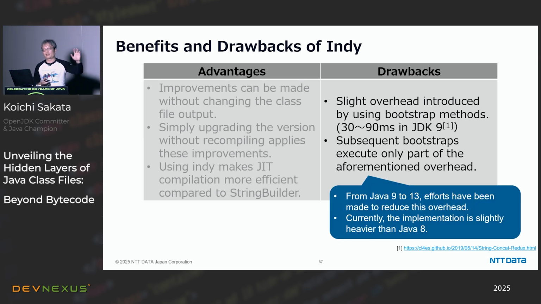However, one drawback is the slight overhead introduced by using the bootstrap method. From Java 9 to 13, efforts have been made to reduce this overhead. Currently, while it's slightly heavier than Java 8, the overall throughput for string concatenation has significantly improved.